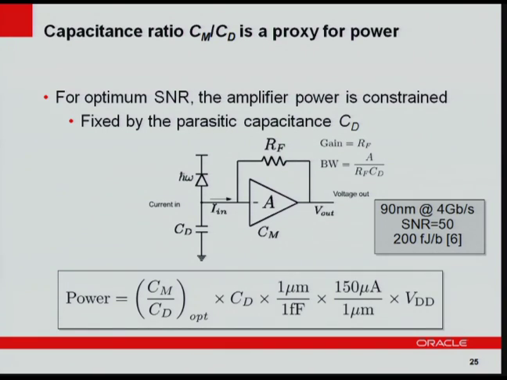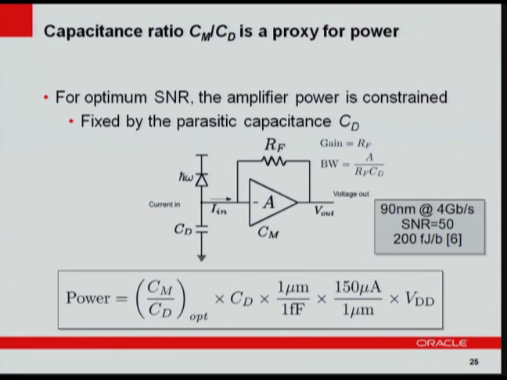This is just rephrased over here. That ratio between the input capacitance of this amplifier and the diode capacitance is pretty much a proxy for power. Here are some typical numbers. So that's a ratio. This is a capacitance, parasitic capacitance. These are typical numbers, just converting gate lengths to femtofarads and how much current per micron of gate length.